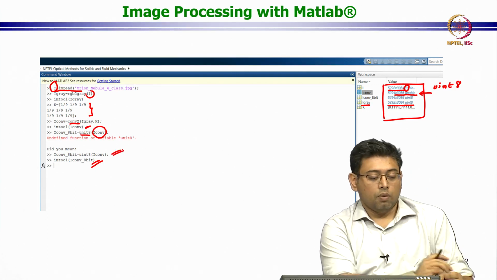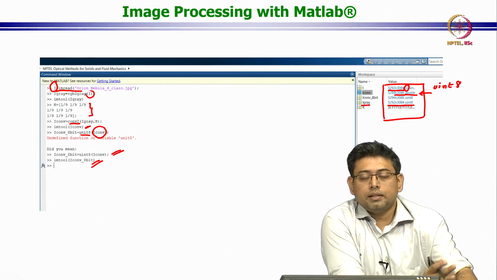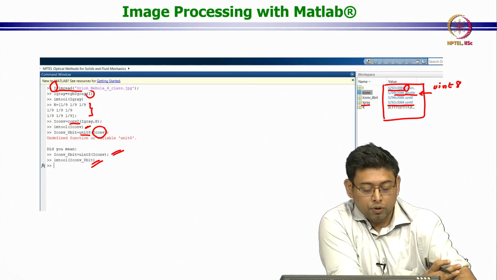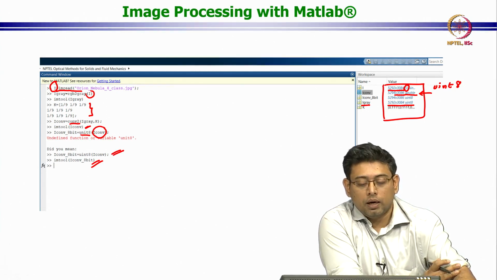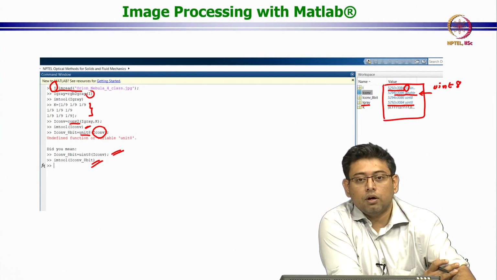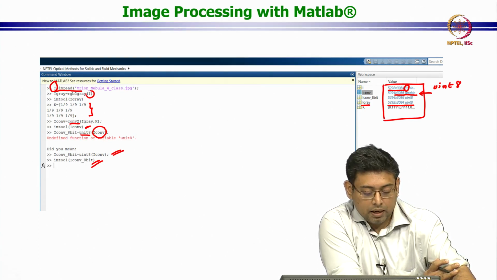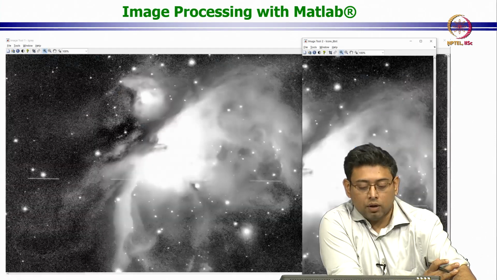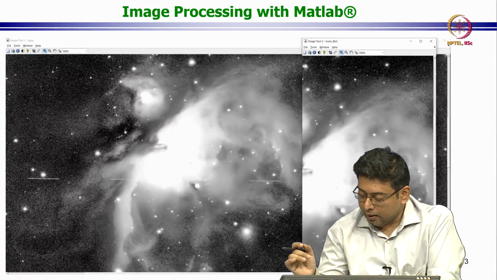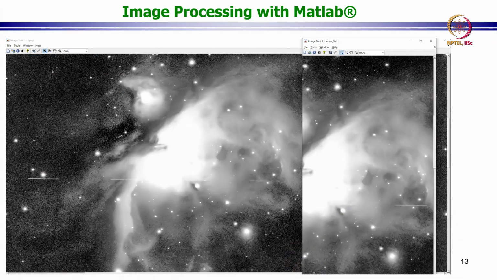Right. So after doing all these commands, I will end up with the output right now. I'm using my imtool command here to display both matrices, the matrix I gray, which is the grayscale version of the original matrix, and then the convolved one too. So I have taken these two images and put them side by side.